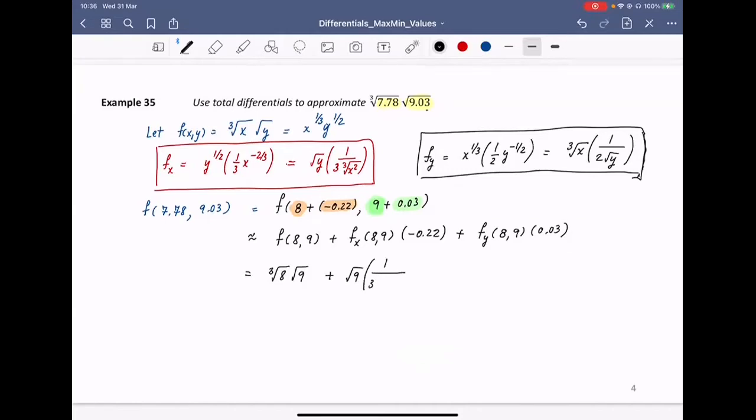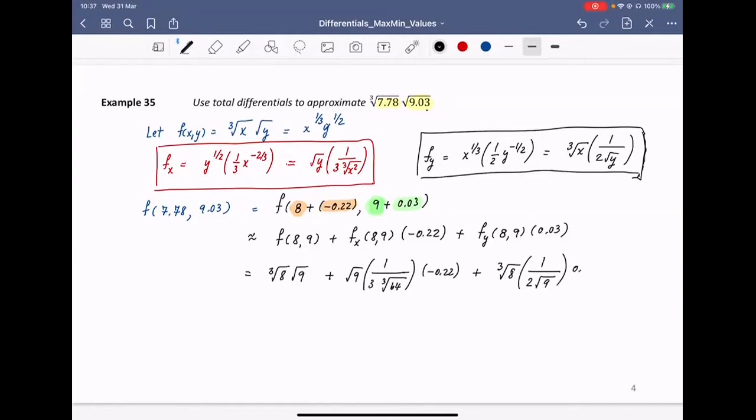Well, you have to be careful when you plug in the numbers. So here the cube root of x squared is 64, right? f subscript y here is going to be the cube root of 8, and then 1/2 square root y, where my y here is 9.